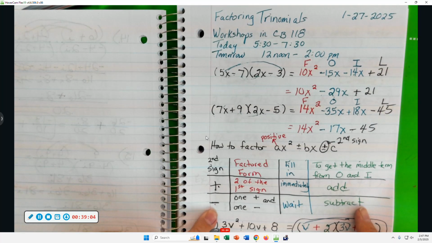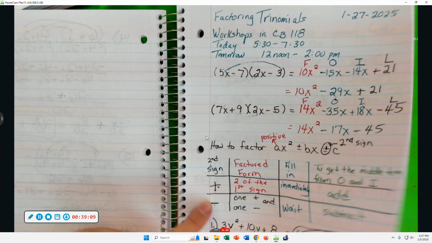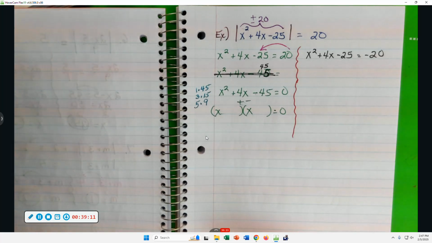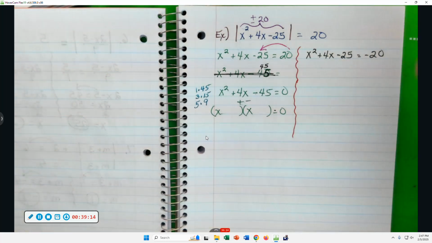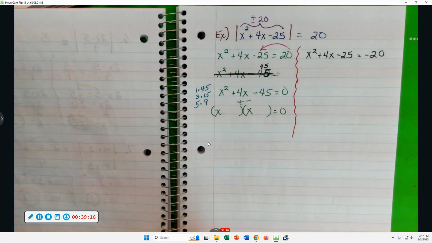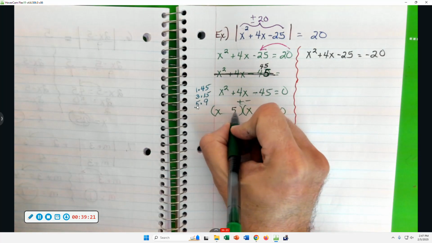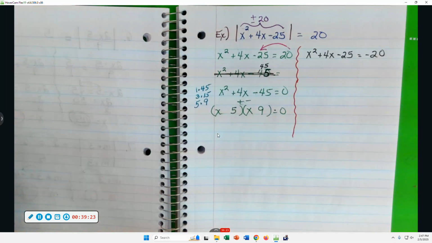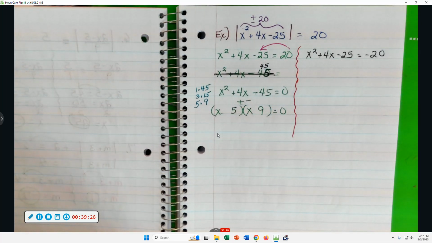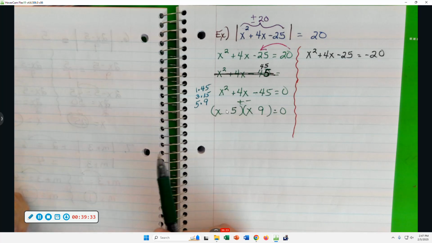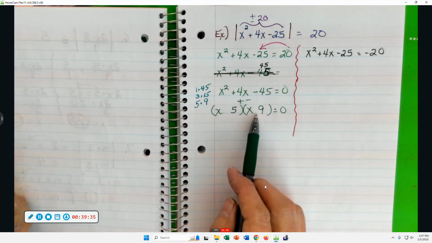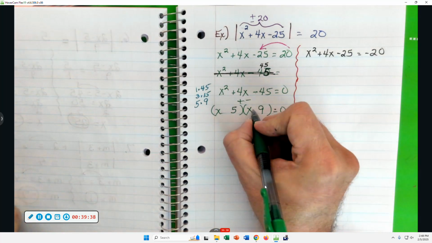The second sign is minus, so the outer and inner products have to subtract. Which pair did you say we're using? It should be obvious: 5 and 9, because 9 minus 5 is 4. But where should we put the plus? Remember, we want a positive 4x. Is the plus going to go in front of the 5, or in front of the 9? In front of the 9, I agree.